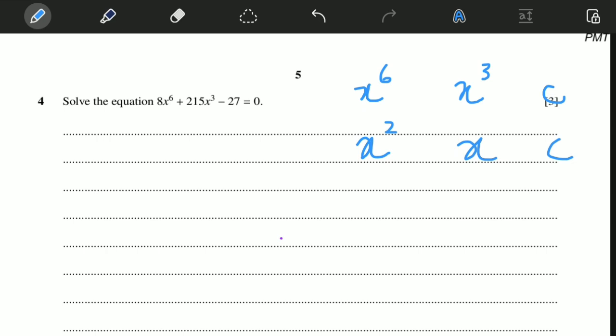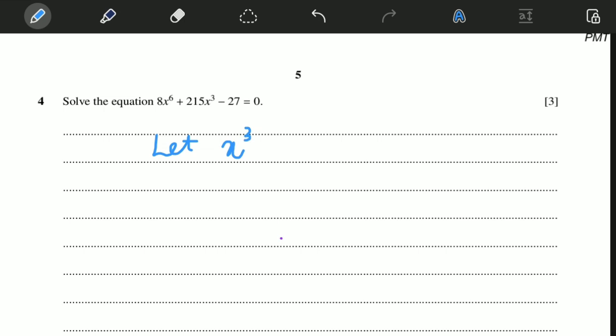We can do the substitution, or we can do it directly, but it will be complicated for you. So it is better to use the substitution and make it quadratic in some other variable and then solve it. So let's consider that x cube is equal to t.